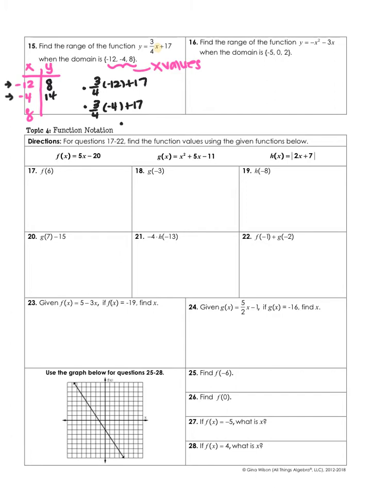Your last one would be to input 8. So we're going to do 3/4 times 8 plus 17, and you get 23. So we essentially just found our range. So the answer to our question would be that our range are those y values I just listed. So 8, 14, and 23.